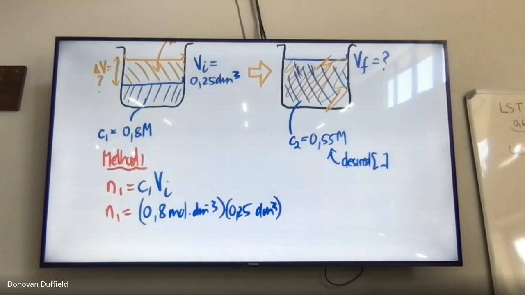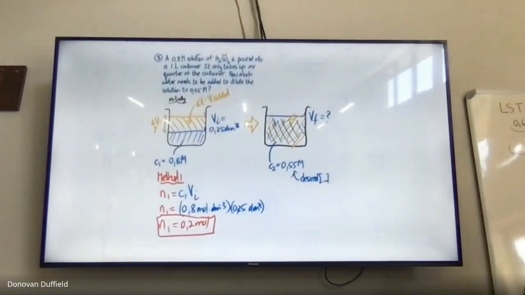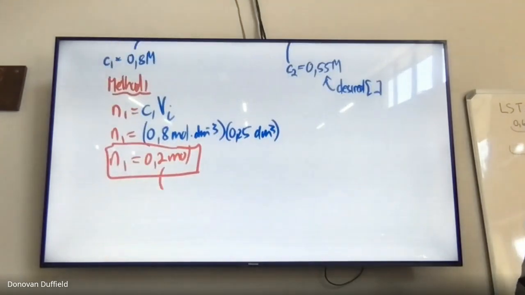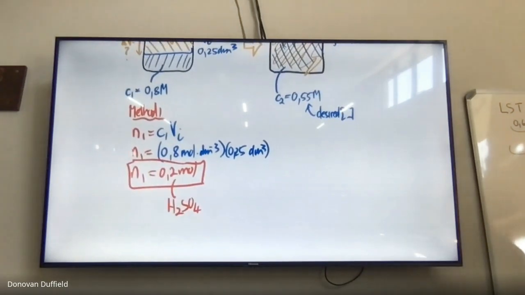That means the number of moles is going to be 0.2 mole of H2SO4. So that is the number of moles of H2SO4.